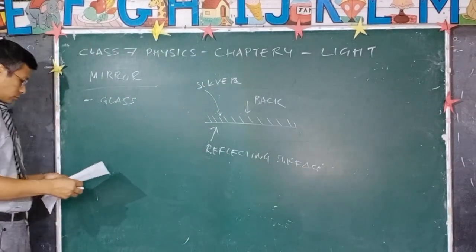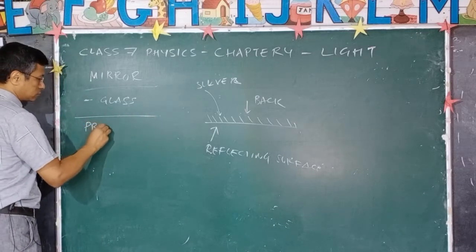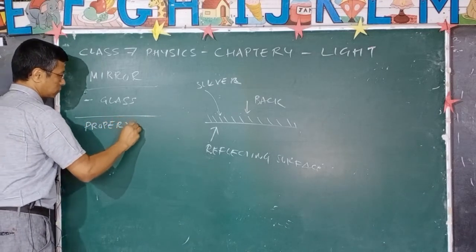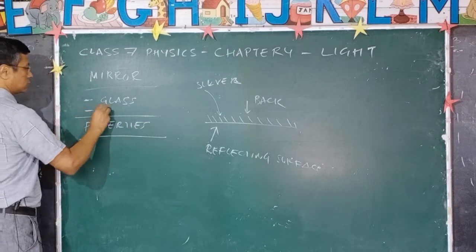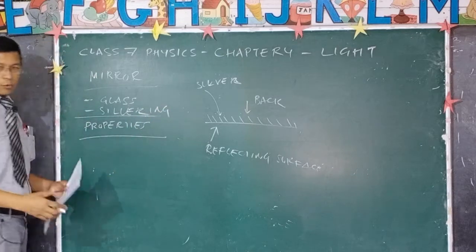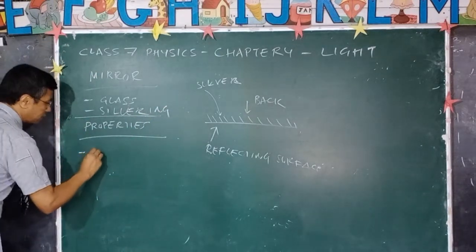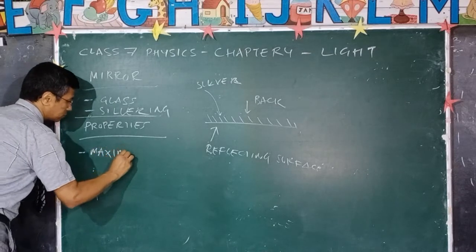Now, what are the properties of a good mirror? The properties of a good mirror are that it should have maximum reflection.